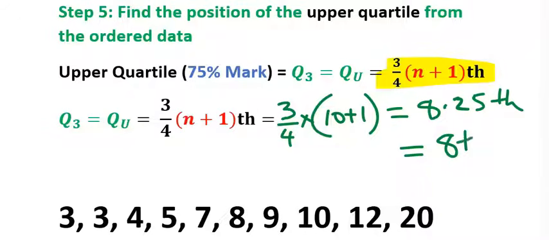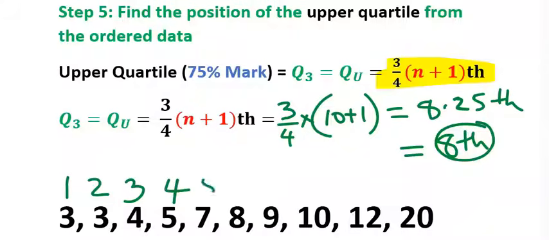Our upper quartile is in the 8th position. Now, let's go to the arranged ordered data and count from the left. This is position 1, second position, 3rd, 4th, 5th, 6th, 7th, and this is the 8th position. Hence, our upper quartile, which is the 75th mark, is 10.